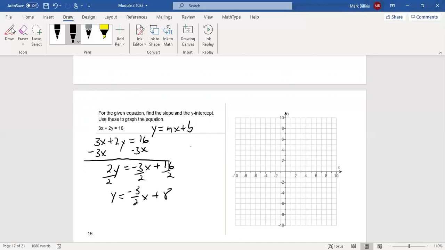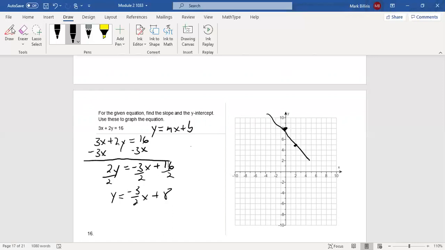So again, we start at our y-intercept, which is +8. And our slope is -3 over +2. So from our starting point, we rise -3. That means we go down 3. And our denominator is positive, so we move to the right 2.